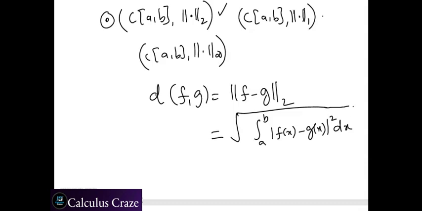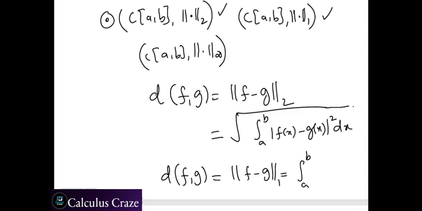If you talk about the one norm, then the distance between f and g will be the one norm of f minus g. Recall how you define the one norm. In my opinion, the one norm is simple. You have to take the integral from a to b of the absolute value of f of x minus g of x, dx. Is it fine?